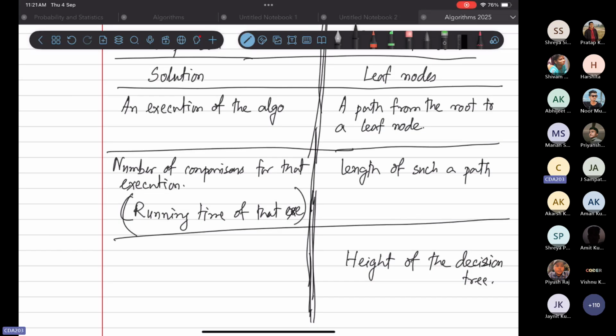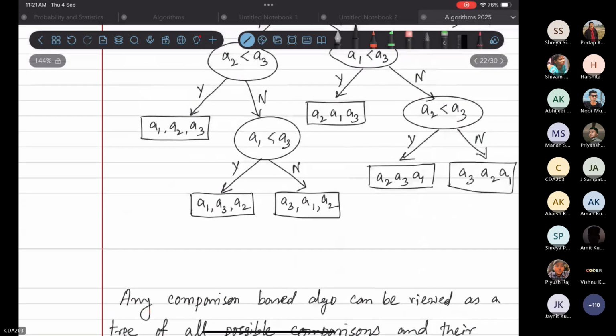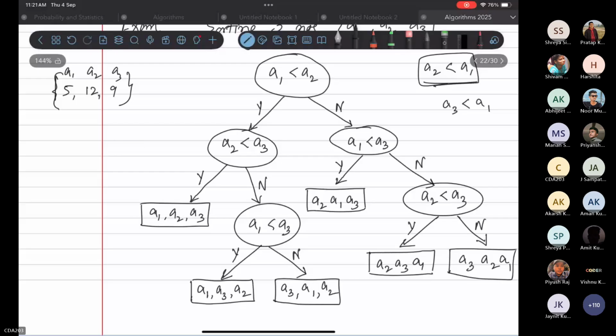The height of the decision tree in terms of number of edges? No, there are many numbers like height. What is the height of this tree? By the way, what's the height of this particular tree?